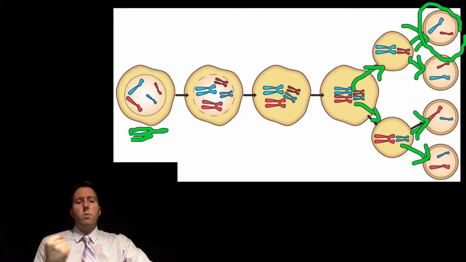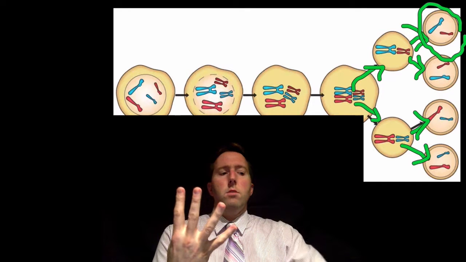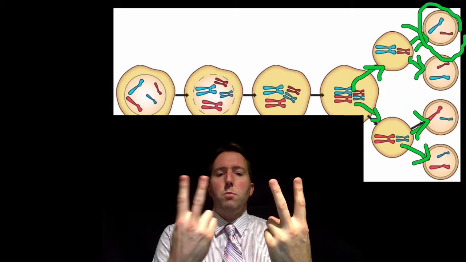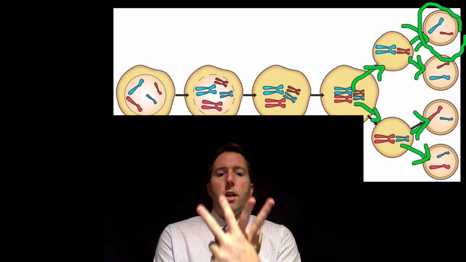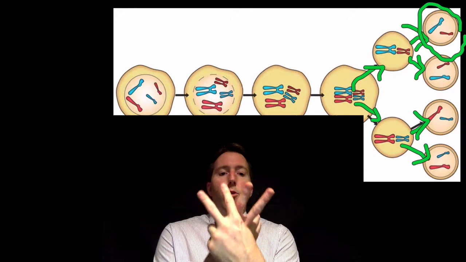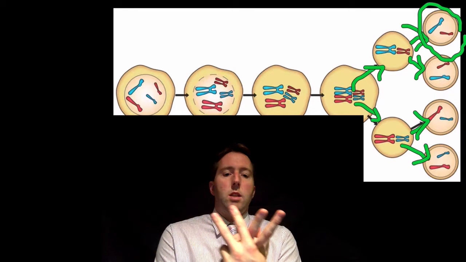Because if we think of all the cells of an organism having 4 chromosomes, and then we make a sex cell with 2 chromosomes, and it joins with another sex cell, so a sperm and egg join together, then I end up with 1 cell with 4 chromosomes, which is exactly the same number that the organism started with.